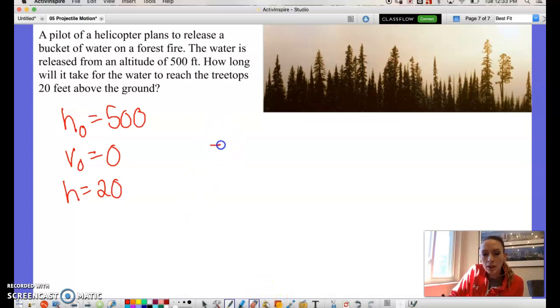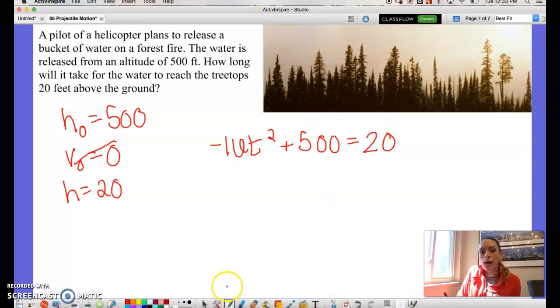Okay, so here we can plug it in, negative 16t squared. We don't have an initial velocity term, but we do know that it started here at 500 and landed at 20. Please use square roots to solve this. I think it's way easier, and you don't have to plug in a 0 for b.